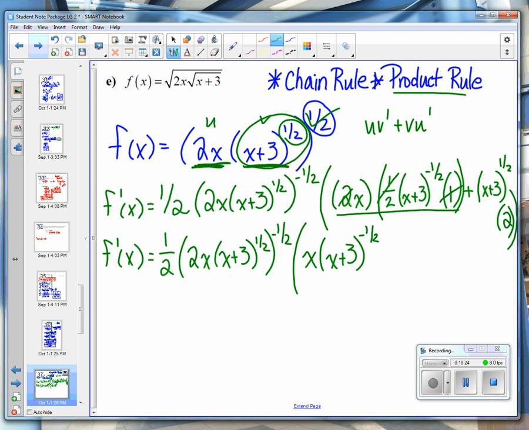Then I've got plus, and I'm just going to bring that 2 forward in this term here. So I've got 2 times x plus 3 to the power of a half. Now it's still looking a little bit messy and crazy, so let's figure out what can go on the top and what can go on the bottom.